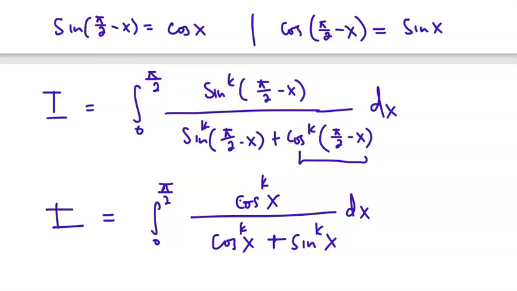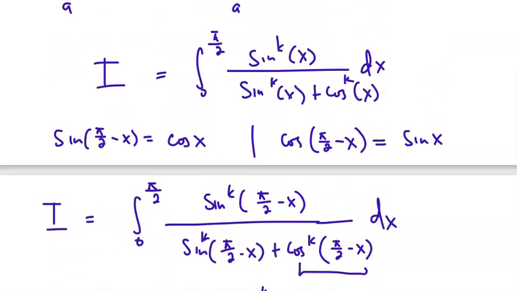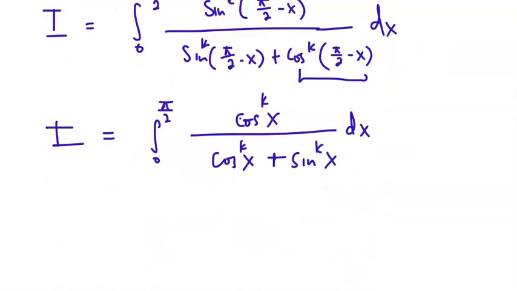Okay, now what are we going to do next? Let us go back and take note that we know this here is the same as I, right? So let's sum the two integrals.